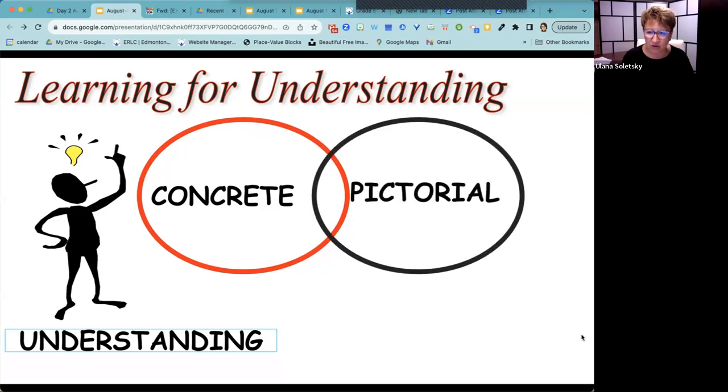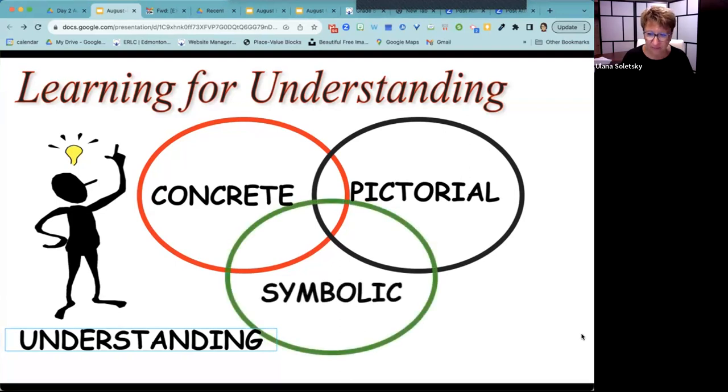We use the pictorial in our worksheets, from our textbooks, from the virtual resources that we'll be using. Those are the pictorial. But when we mix that with the symbolic, and that's the digits, when kids can actually manipulate the digits and do the math on paper, then we see that they have a true understanding of the math.